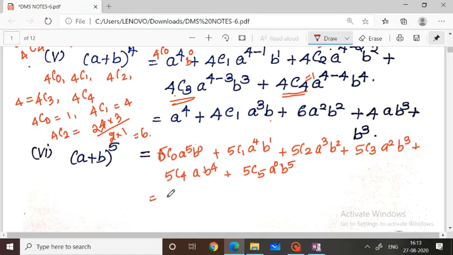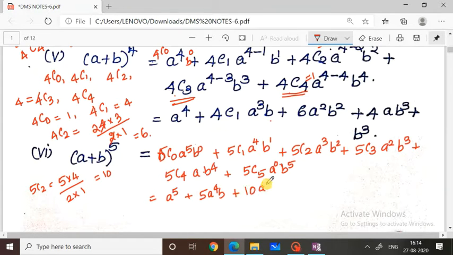So, the first term is a raised to 5 plus 5 a raised to 4 b plus 5c2. 5c2 is equal to 5 into 4 divided by 2 into 1, that is equal to 10.